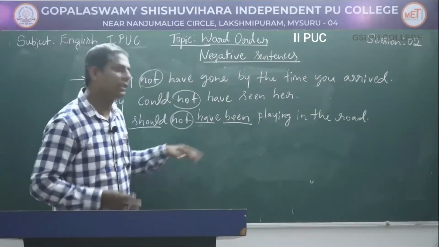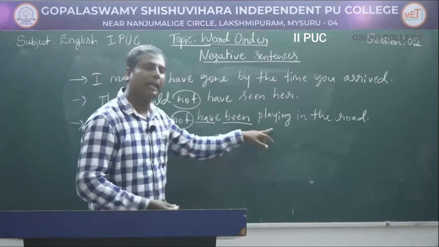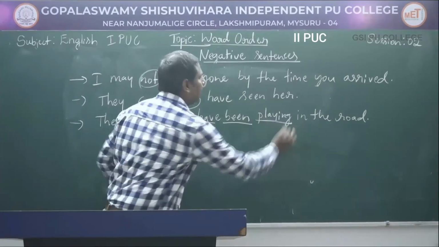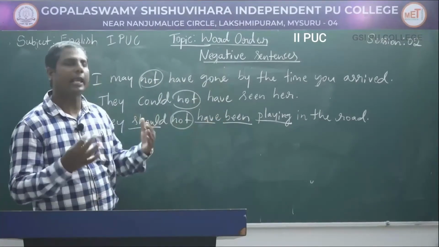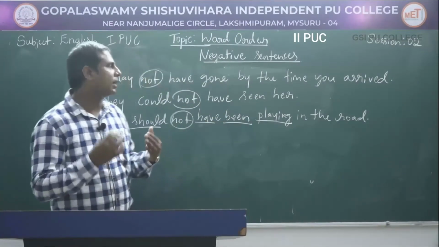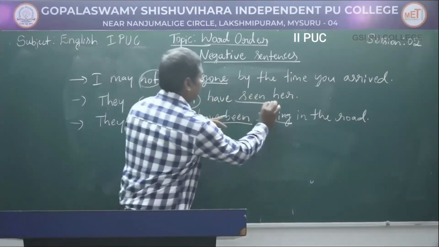Two primary auxiliary verbs, they are have and been followed by the main verb play. So in the above two sentences also you can see the primary auxiliary verbs are placed before the main verb gone and seen.